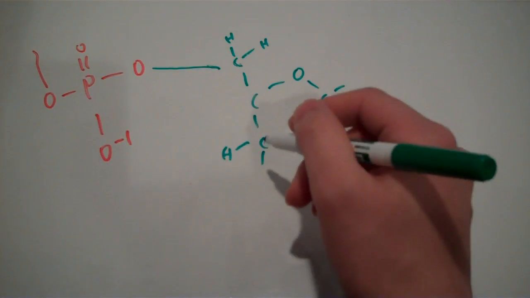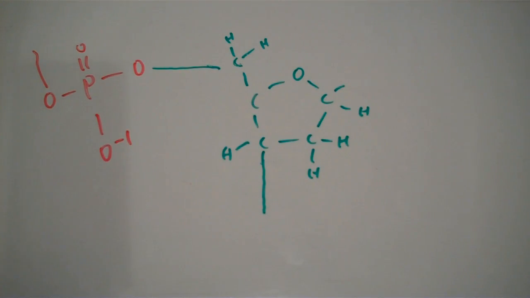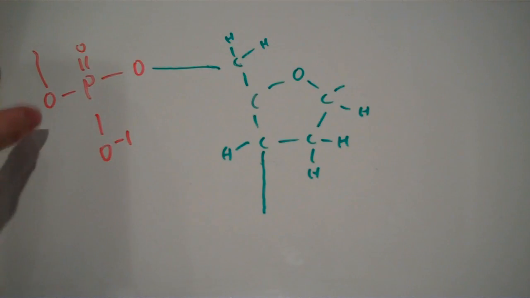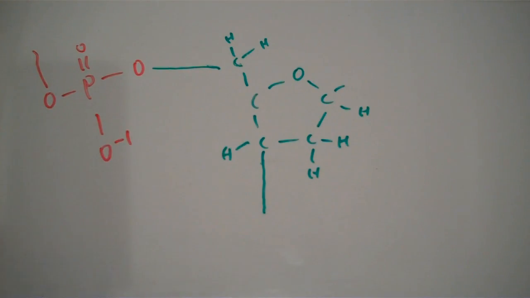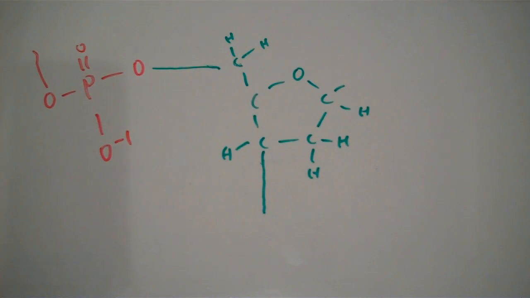Now, this carbon down here also connects to a phosphate group. However, it connects to the phosphate group of the previous nucleotide. So, the previous nucleotide has the phosphate group here, and this oxygen will connect to this carbon. So that is how the nucleotides of different nucleotides connect, via that oxygen and that carbon.